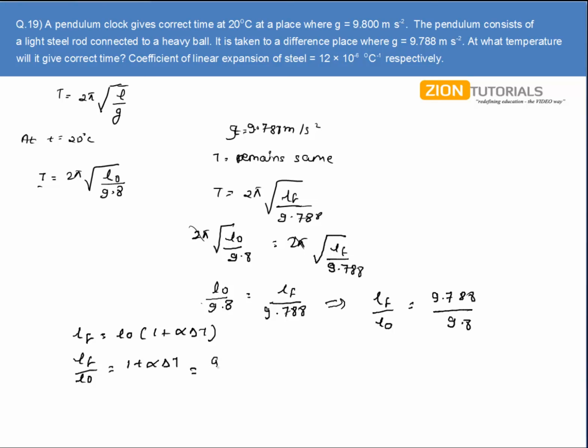So alpha value is given as 12 into 10 to the power minus 6, into delta T, where, let's say, the final temperature is T and initial temperature is 20 degrees. It is equal to 9.788 by 9.8. Solving this equation for temperature T, I get the value of T as minus 82 degrees Celsius. That is the answer.